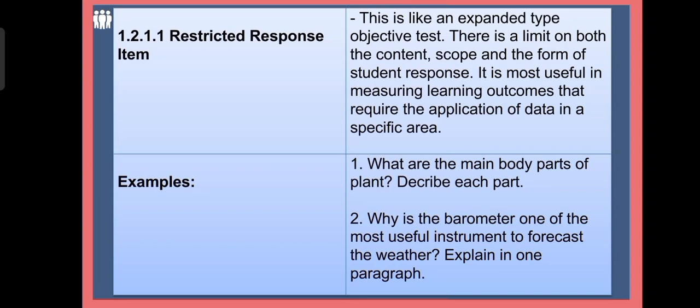Another example is asking why a barometer is useful for forecasting weather in one paragraph. So restricted response items are helpful for measuring learning outcomes that require applying specific data or knowledge in a particular area. This question can help assess how well students understand and can apply concepts they have learned.